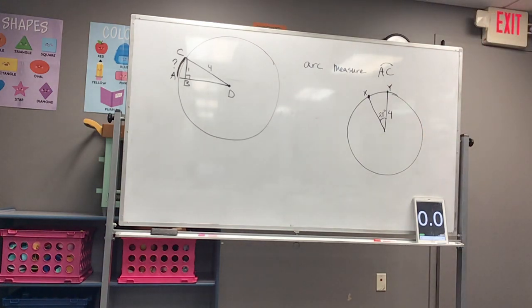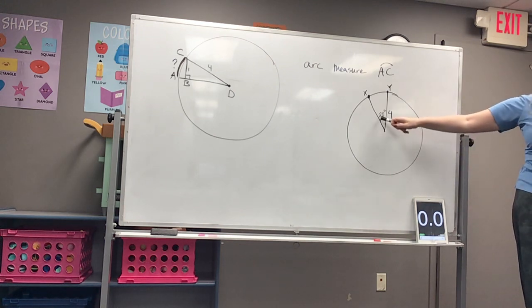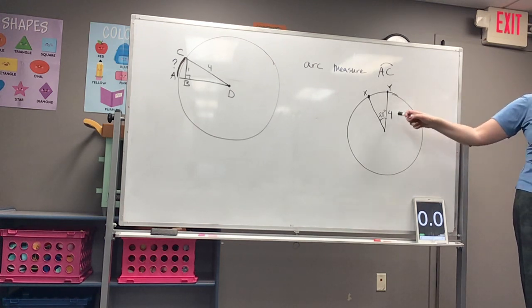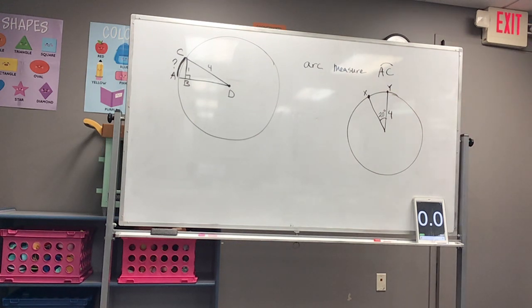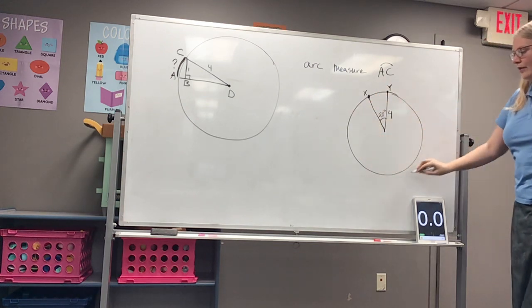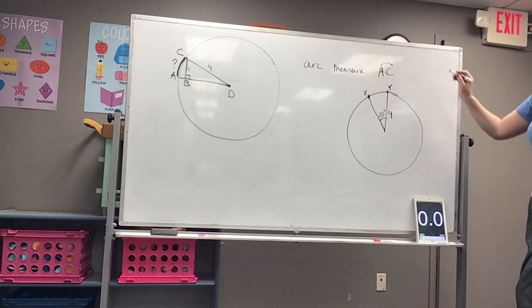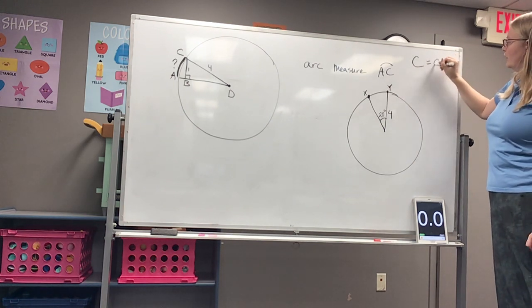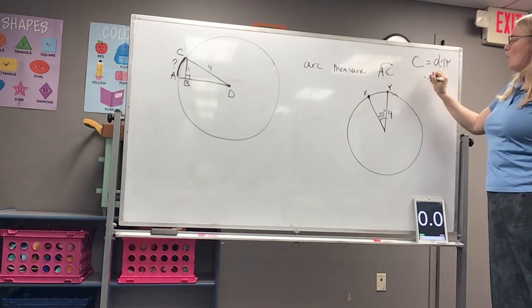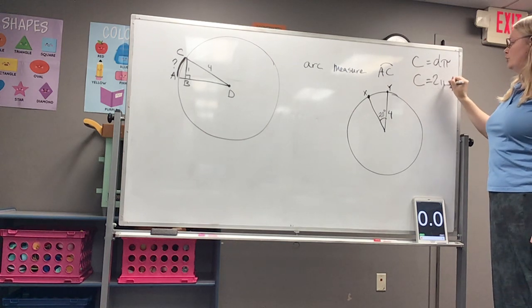As a sub-problem, if you had this set up where you were told that the angle was 20 degrees and the radius was 4, could you find the arc measure from x to y? Do you know how to do that? What's going on is that the total distance around the circle, or the circumference of the circle, is going to be diameter times pi, or 2 pi r.